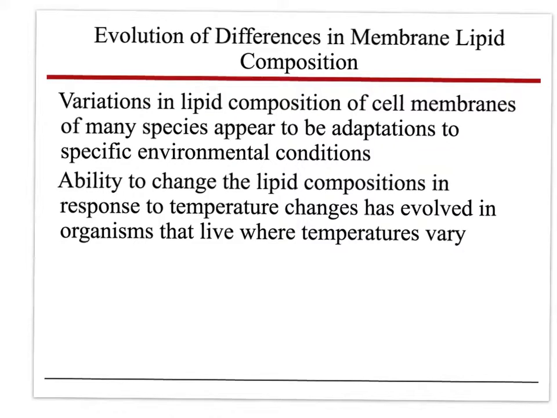We know structure and function are related. Cells can alter the composition of the phospholipids present depending upon what's going on. If we need a more viscous membrane, we add phospholipids that have saturated fatty acids. If we need a more fluid membrane, we can produce phospholipids that have unsaturated fatty acids.